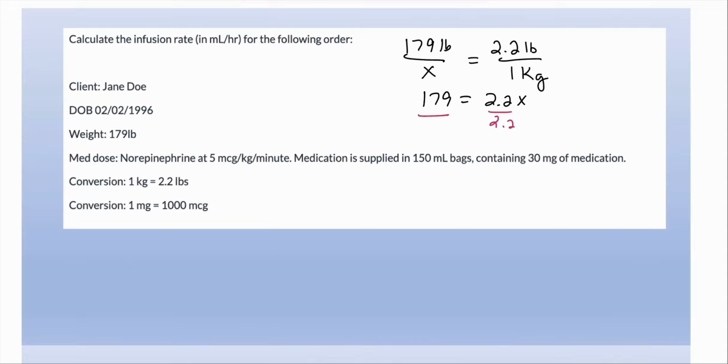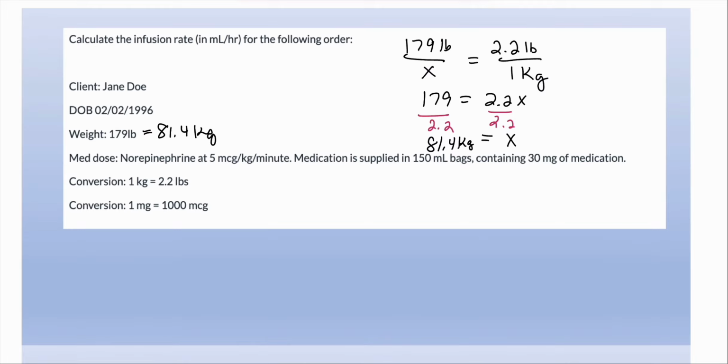So 179 divided by 2.2 is 81.4 kilograms. Okay, so let's write that down. That's 81.4 kilograms. So we give 5 micrograms per kilogram.